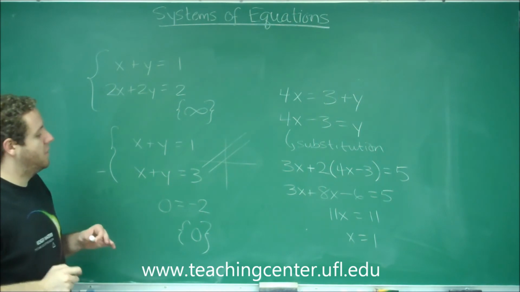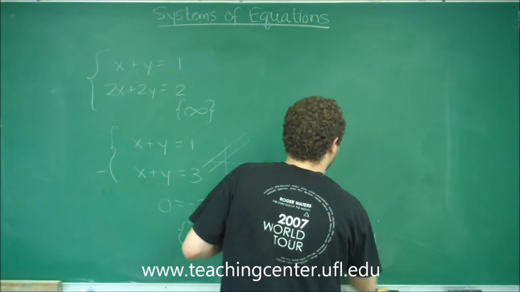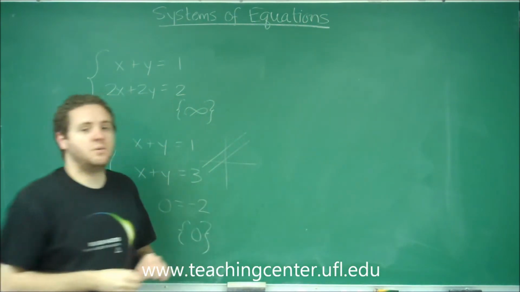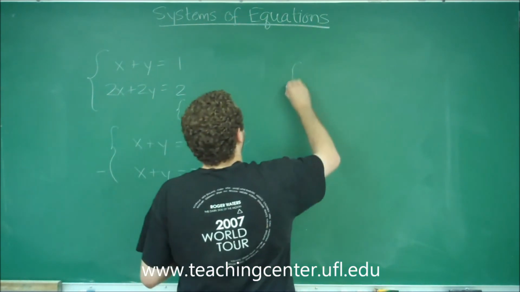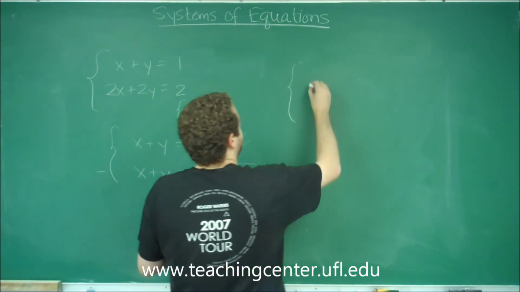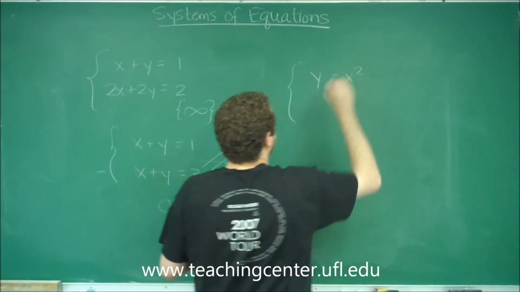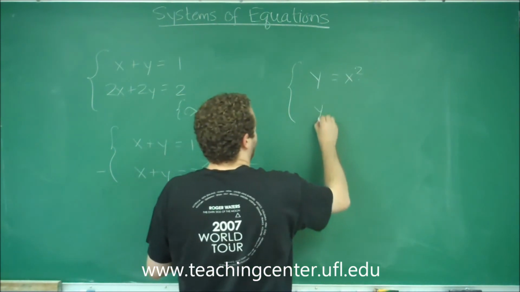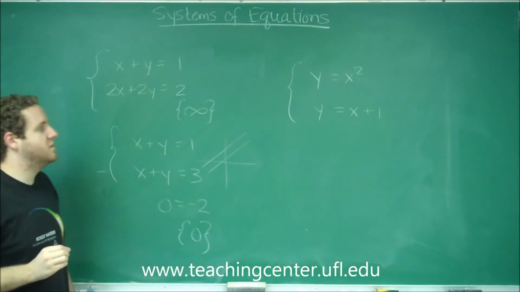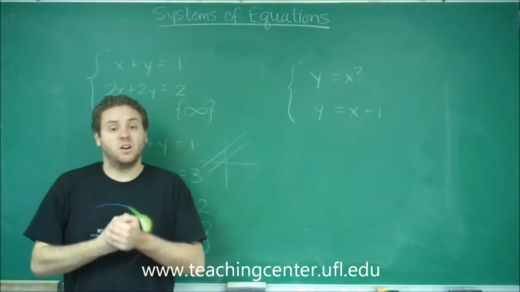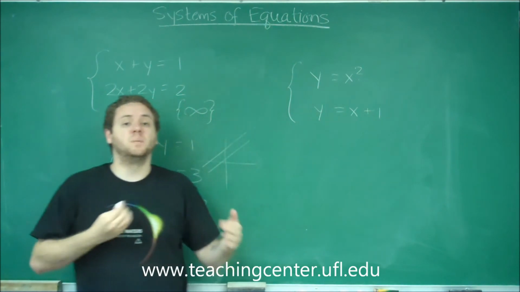The last thing I want to point out is how to do systems of equations if you don't have linear equations. It's not really any different, except that you won't be able to use the combination method. For example, if you had the equation y equals x squared, and the line y equals x plus 1. Since x squared and x are completely different things, you wouldn't be able to use a combination method to eliminate anything.